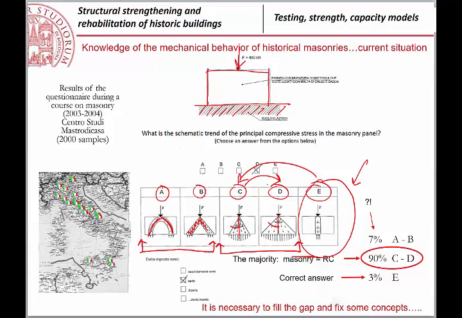And so, for example, if you have a wall with a wooden beam on the wall, if the quality of the mortar is good, the load is very high here, but then it is distributed and it is smaller and smaller going from the beam to the bottom.